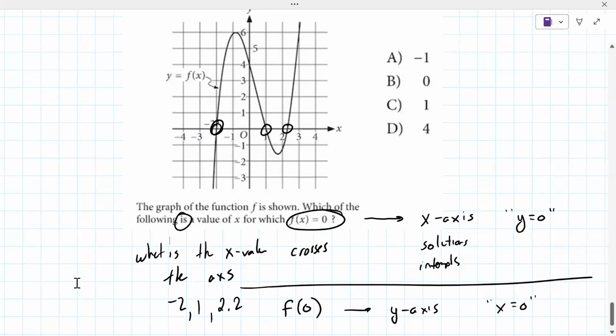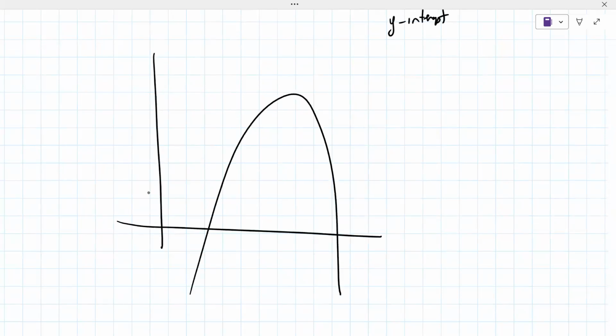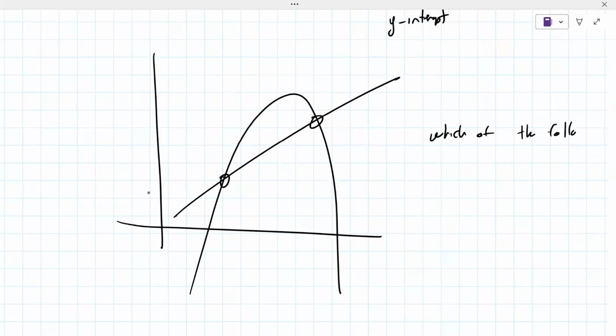Okay. Let's think of another possibility here. So let's say I give you a graph like this and a graph like this, and I ask you which of the following is a solution. Okay, and this is 3, and this is 4, 5, 6, 7, 8, 9.